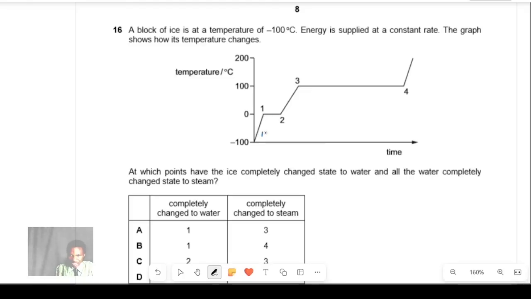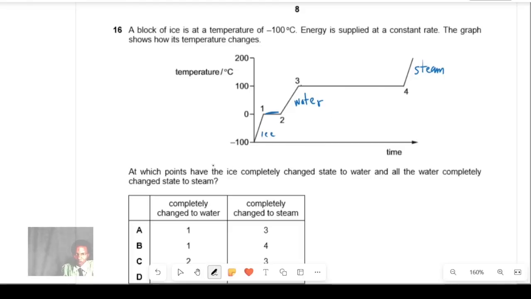So here is ice, here is water, and then here is steam. Here is when the ice melts to form water, and from this point the water melts completely and everything becomes gas.